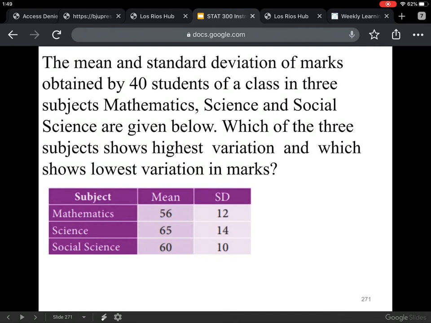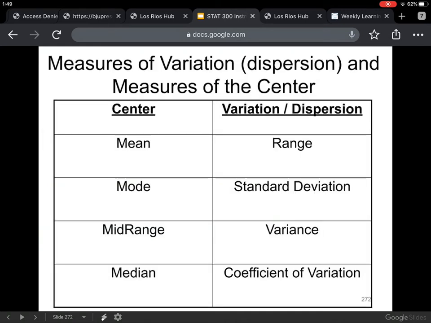The context shows that we have 3 different classes. So the way to find the variation via a percentage would be 12 divided by 56, 14 divided by 65, and 10 divided by 60, and then multiply the result by 100, and that would get you the percentage of variation, and that's what the coefficient of variation is.